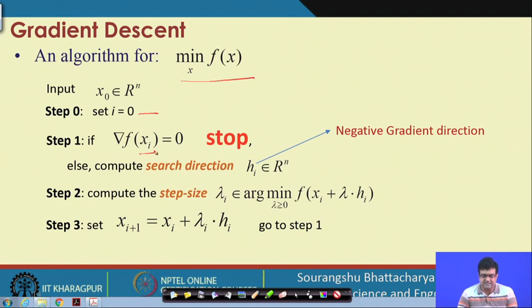A good search direction, in the case of a minimization problem, is the negative gradient direction, since this is also the direction of steepest descent.